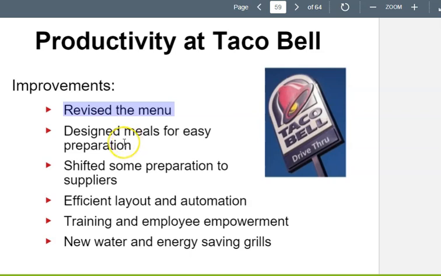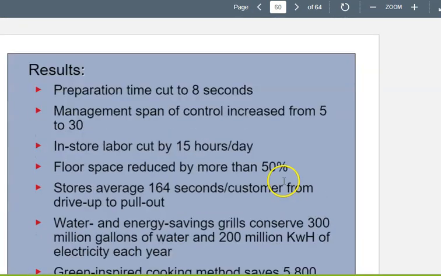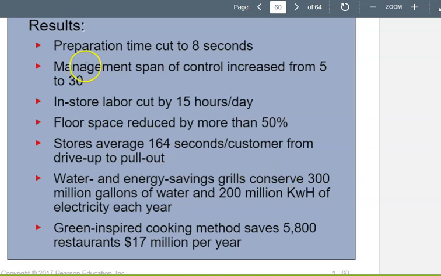I don't know what you think, but if they make that food so hot, so fast, something can be wrong. They designed meals for easy preparation, that's great. They shifted some preparation to suppliers, efficient layout and automation is done well, and training and employee empowerment is provided. New water and energy saving grills, and let's see what they got.